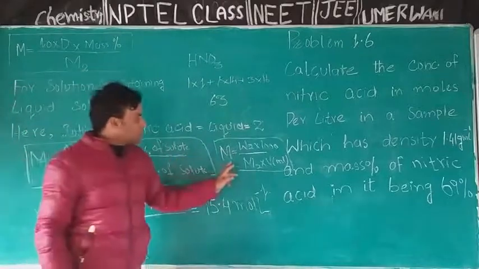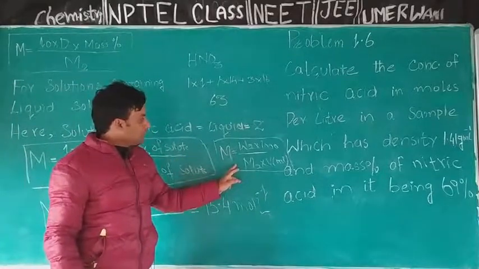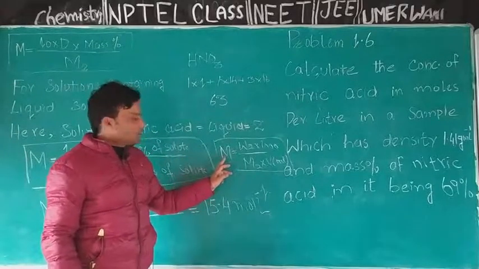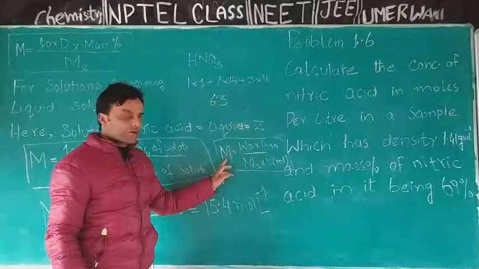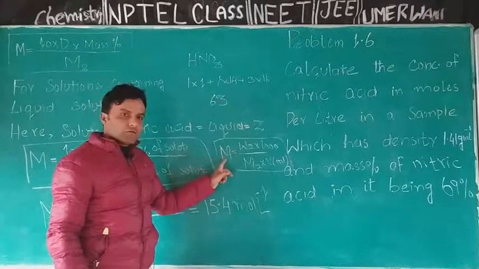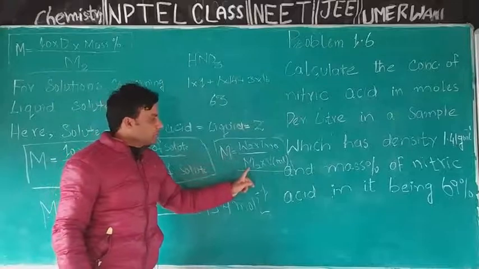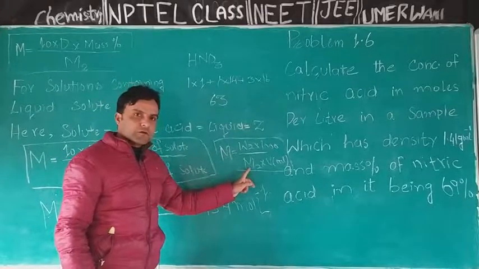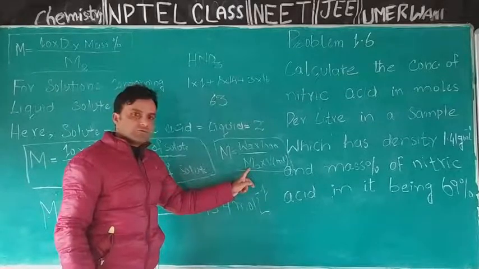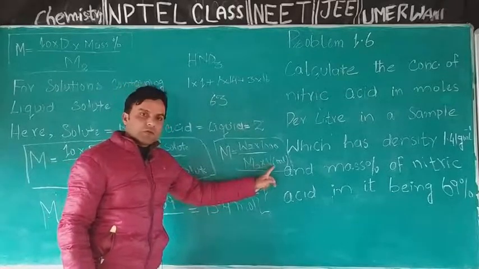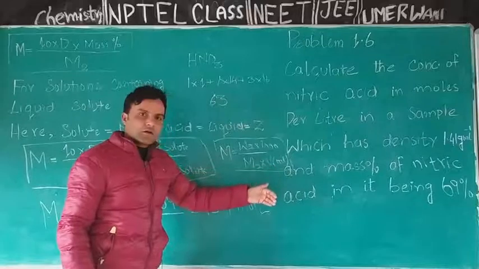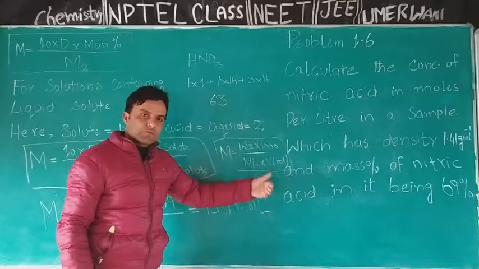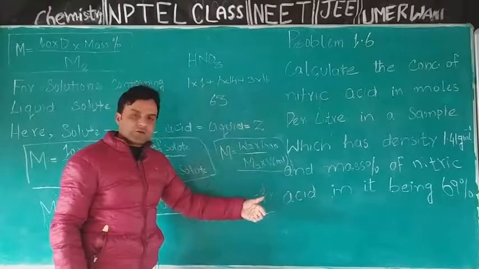And here what you have to do, you know what molar solution you have to prepare, you know the nature of its solute, hence you know the molar mass of solute, and you know in what volume of solution you have to prepare.